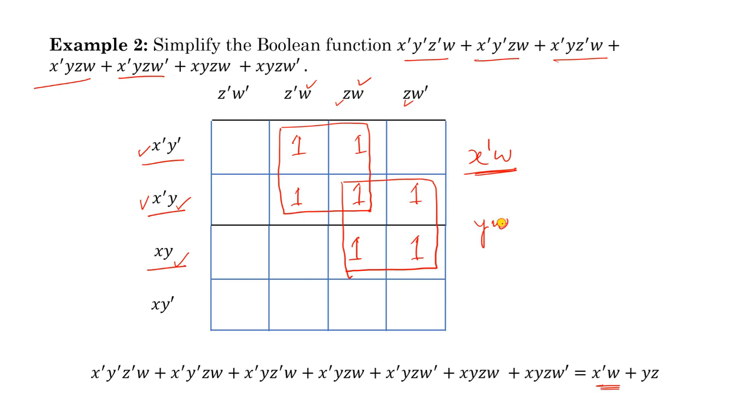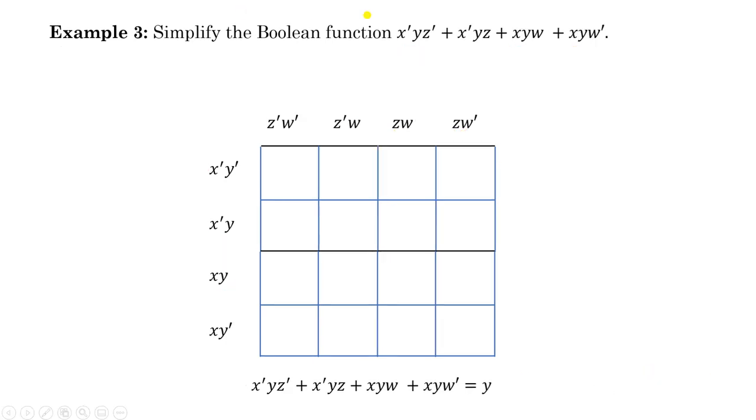Sorry, it is not w, it is y z. If you find the sum of these two, then you will find x dash w plus y z. So this is the reduced Boolean function for the given Boolean function.